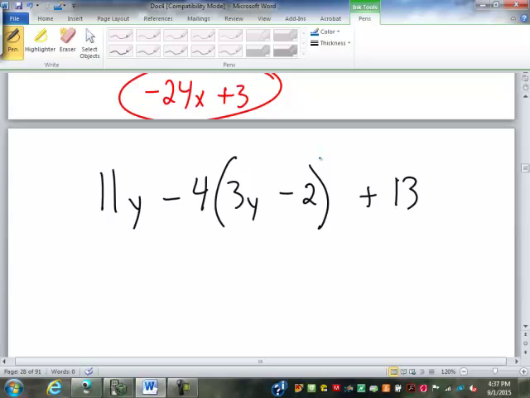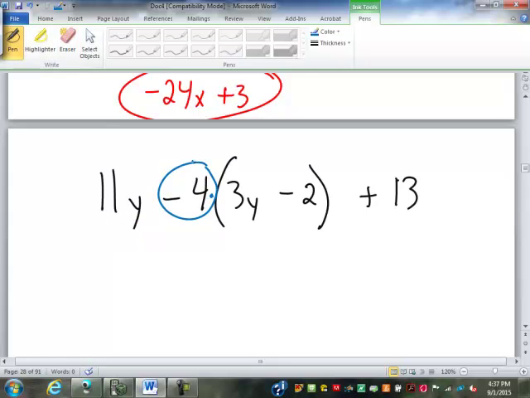Is there anything that needs to be done inside those parentheses? No. Is there anything that needs to be done to the parentheses? That's being multiplied, but not by 11y. It's the negative 4 that's multiplying the parentheses.